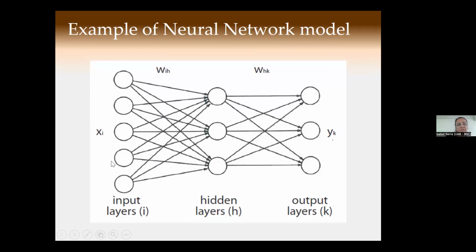I only want to show a small structure of the neural network. For instance, you have to keep in mind the idea of a neural network where the input layer is a set of neurons, and each neuron has to be understood as a column of your data set. In these neurons, for instance, you put peso, altura, and so on. Of course, if I want altura as a response, I am not going to put altura here.